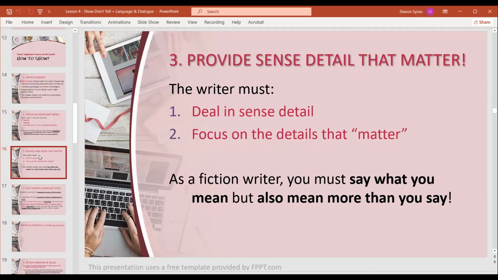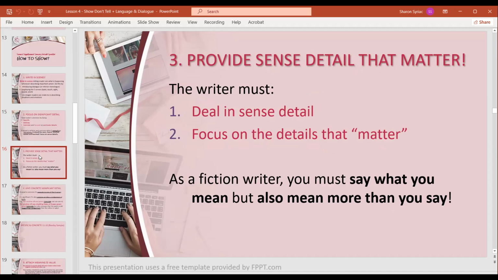Third thing, provide sense details, details that matter. Again, I'm coming back to sense details, that's the 5 senses, and focus on the details that matter. I want you to think again. I hope you've read it by now. Sneaky Snake. That student focused on the details that matter.